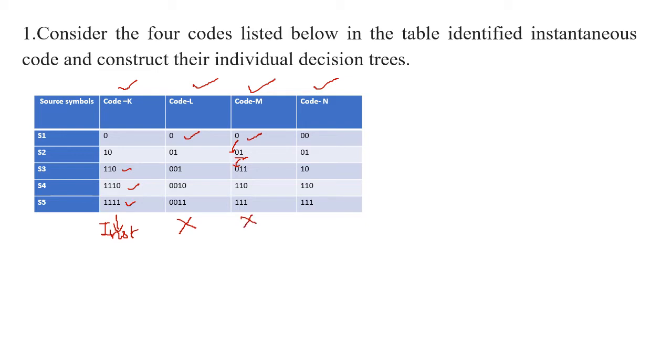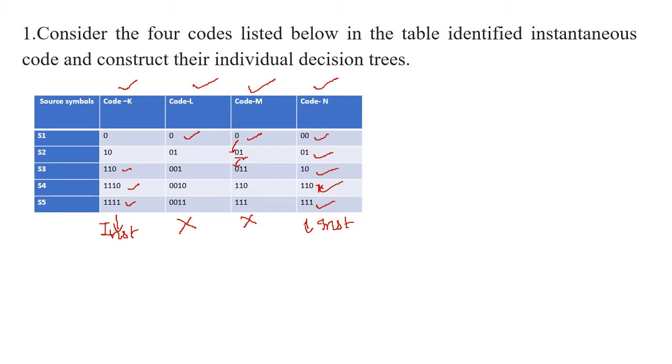Next code N: 00 is for symbol S1, which is not a prefix for symbol S2. 01 is also not a prefix for symbol S3. 10 is not a prefix of symbol S4, and 110 is also not a prefix for this. So we can tell that code N is an instantaneous code, because no code word is a prefix of any other code word.